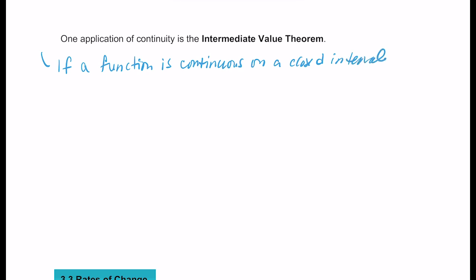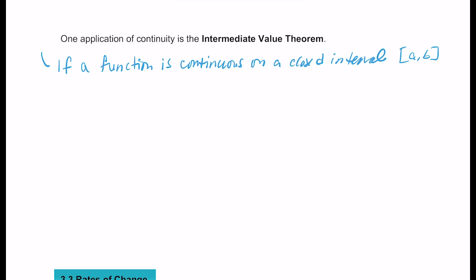One application of continuity is what's called the intermediate value theorem, which we're going to look at more in depth later in the course. But basically, I'll summarize that for you. It says if a function is continuous on a closed interval, and we'll call that closed interval AB.